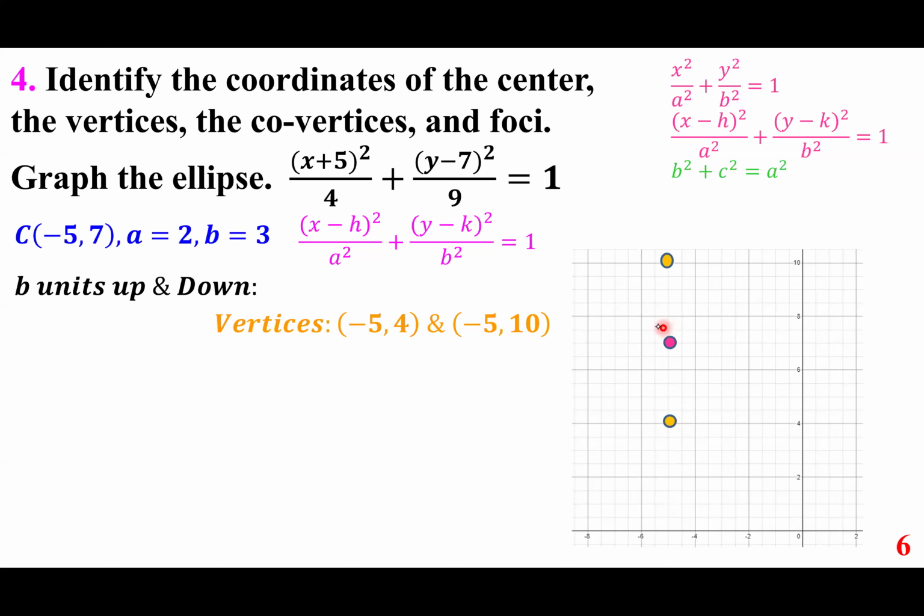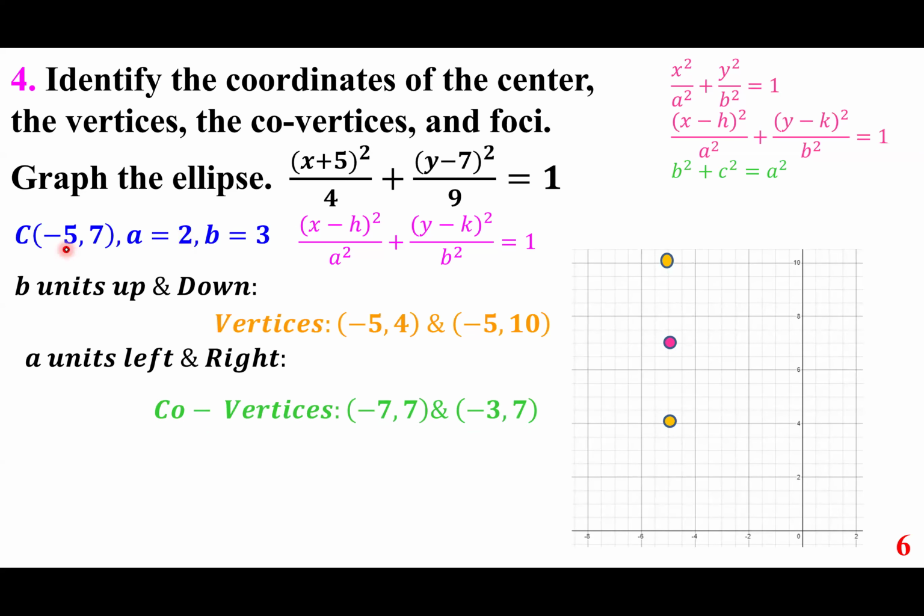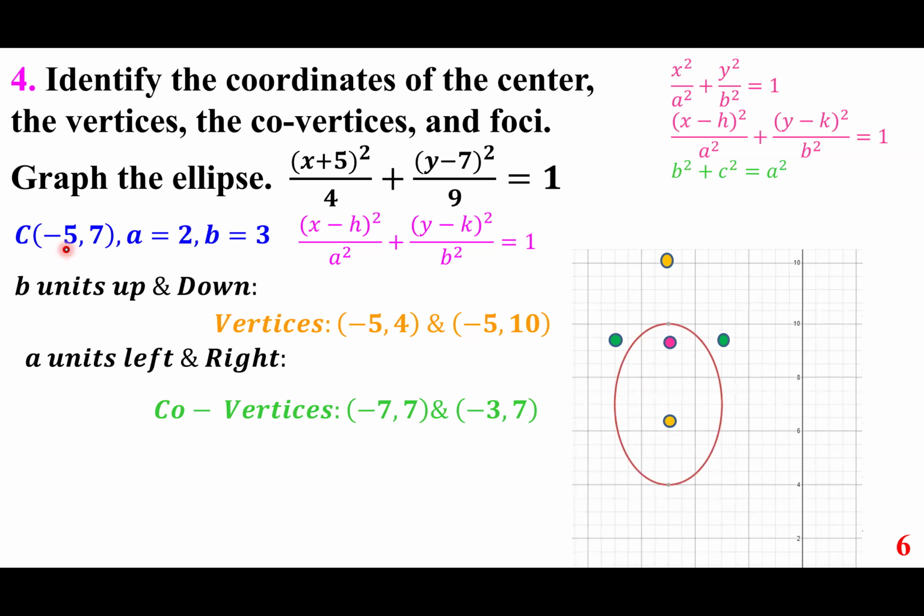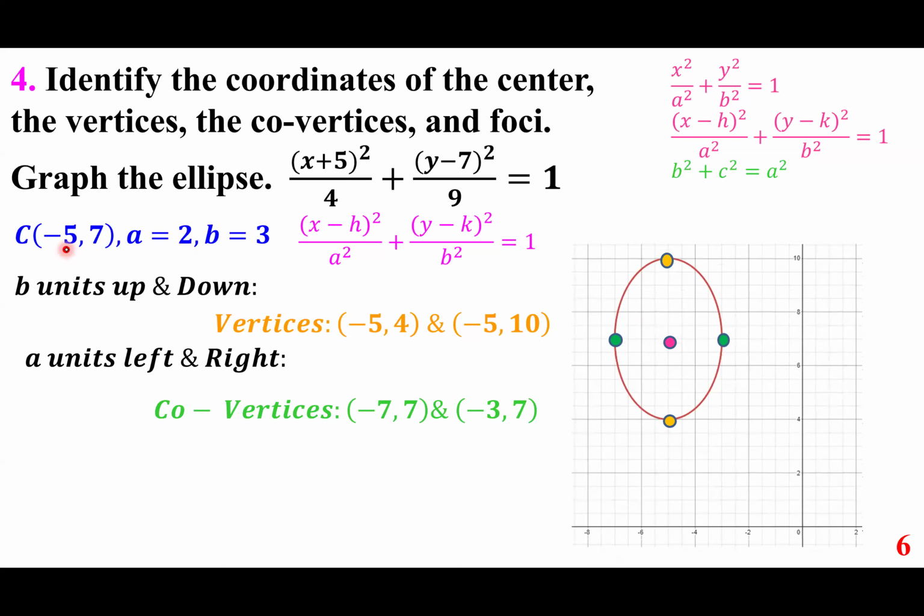Going back to the center, A units left and right, and A is 2. So to the left becomes -7, to the right becomes -3. And those are the points, and connect them. So that's the center, the vertices, the co-vertices, and graph. What is left is the foci.